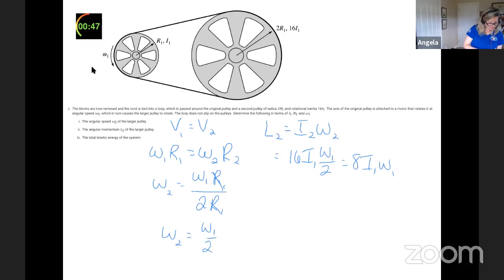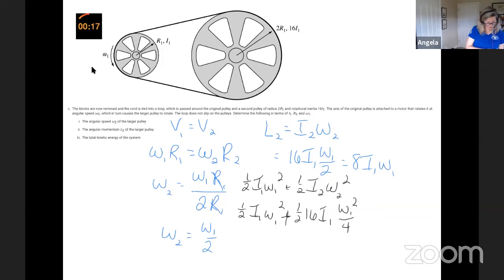That would be 1/2 I1 omega 1 squared plus 1/2 I2 omega 2 squared. Now we plug in our I2 and our omega 2. So it's 1/2 I1 omega 1 squared plus 1/2 times 16 I1, and omega 2 is omega 1 over 2.